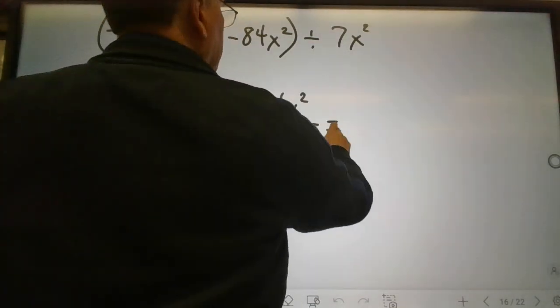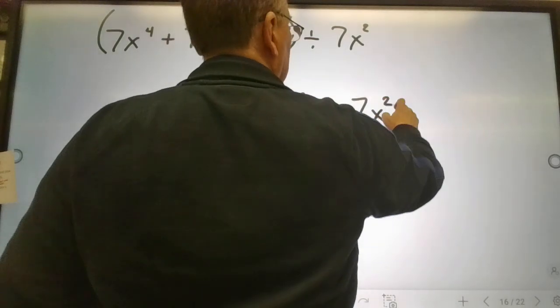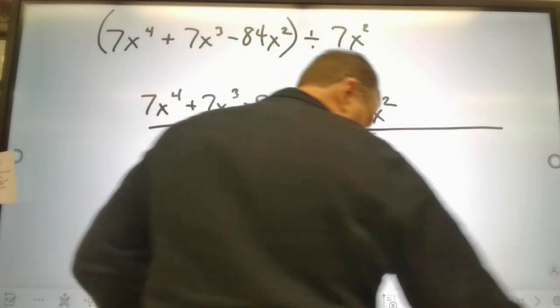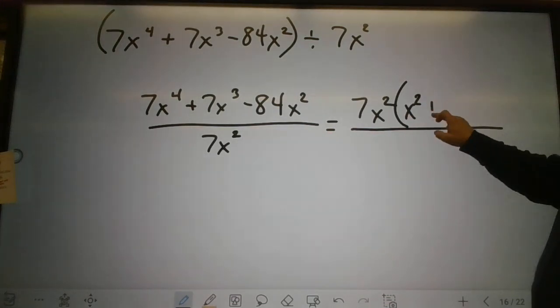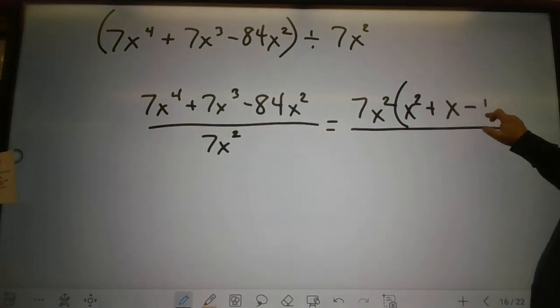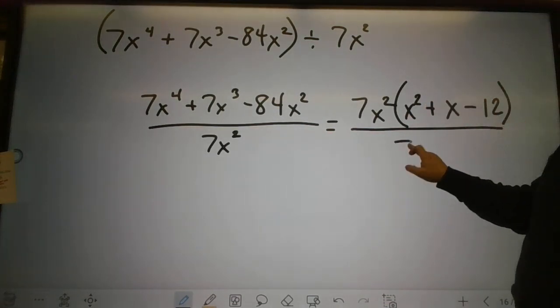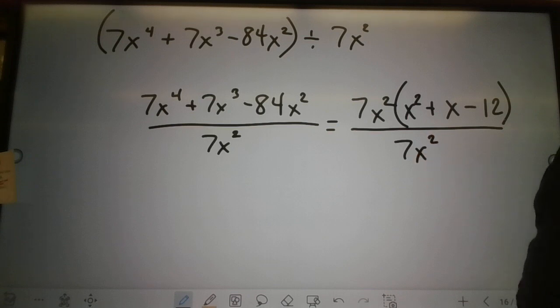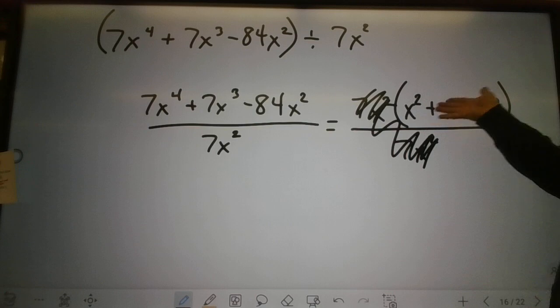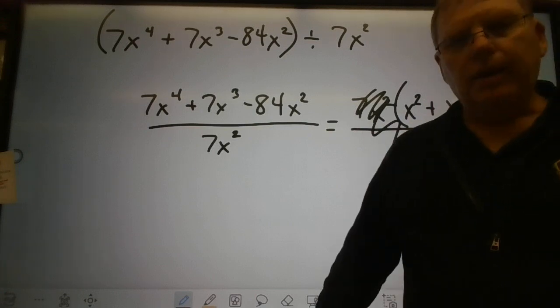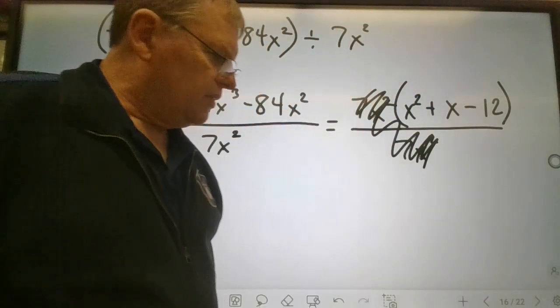So first of all, let's pull out a 7x squared. And now when I do that, I have an x squared plus an x minus a 12, all over a 7x squared. Hey, look at that. That can cancel with that. Bada boom. And if you want, you could reverse FOIL it, or you could just leave it as it is.